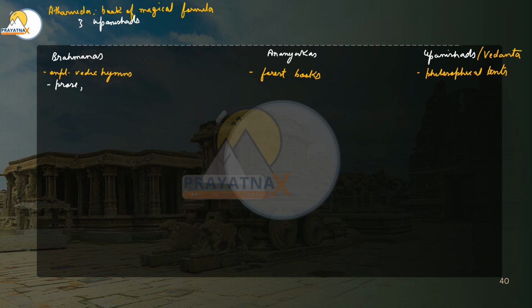Now, Rigveda had Aitareya and Kaushitiki. Now, it was composed by the Hotri priest.